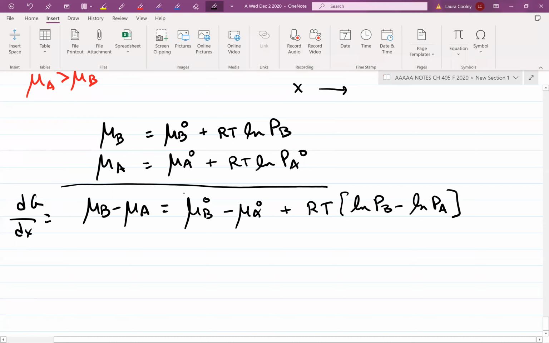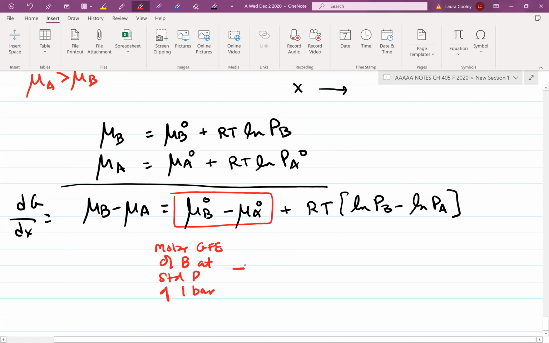So first I'd like to tackle what this is, because this is something we really can understand. Mu B0 minus mu A0. This is basically the molar Gibbs free energy of B at a standard pressure of 1 bar minus the molar Gibbs free energy of A at a standard pressure of 1 bar.